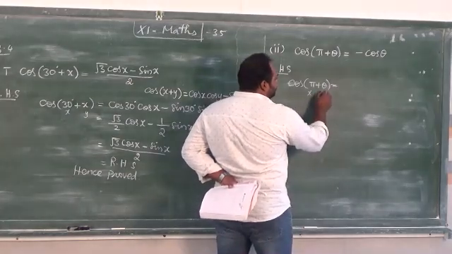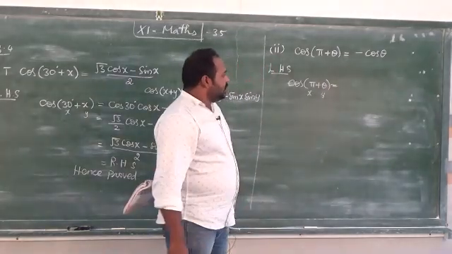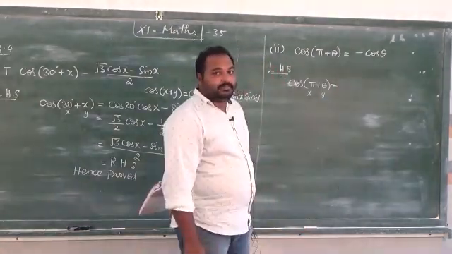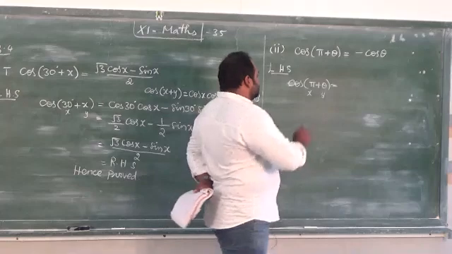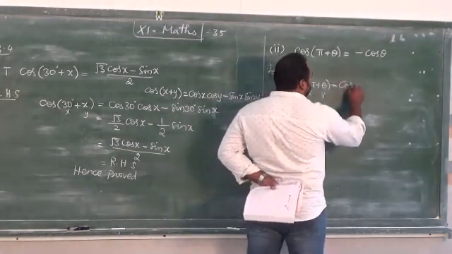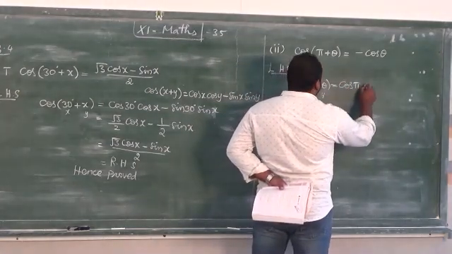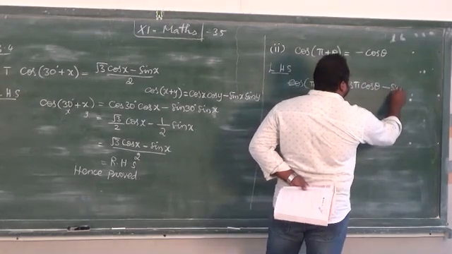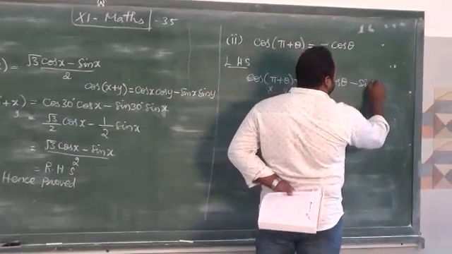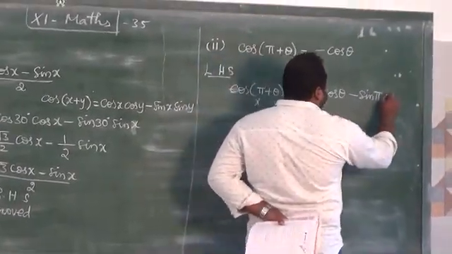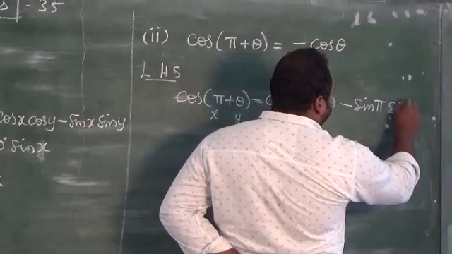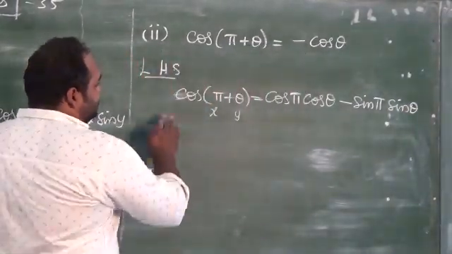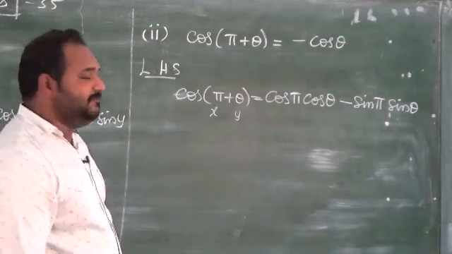This is x, theta is y. So cos x plus y formula is cos x cos y minus sin x sin y. So here cos x is cos pi, cos y is cos theta, minus sin x is sin pi and sin y is sin theta. Okay, now we have expanded this LHS side. Afterwards, we have to substitute the values.